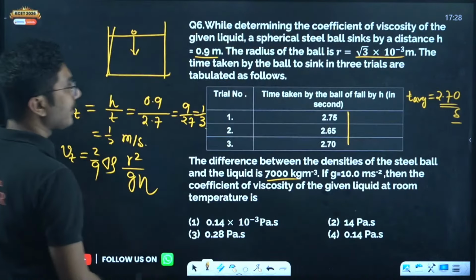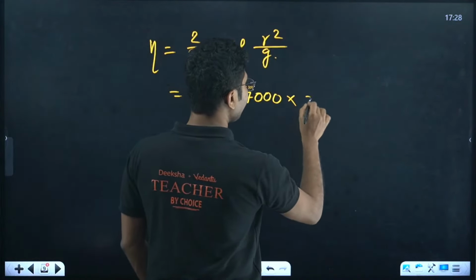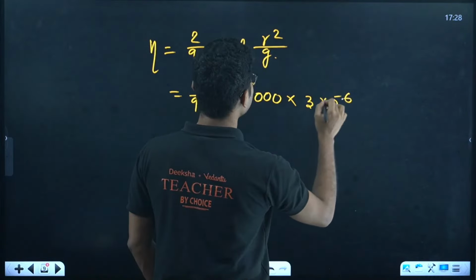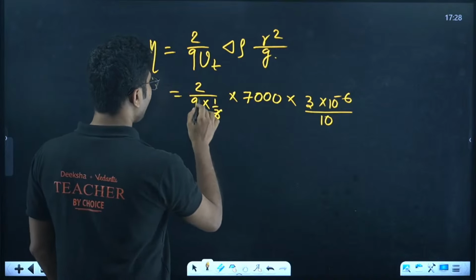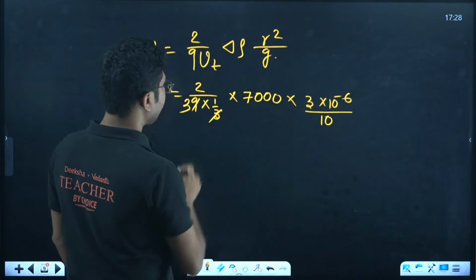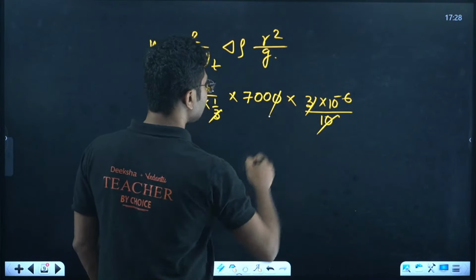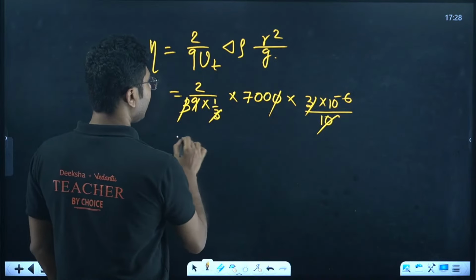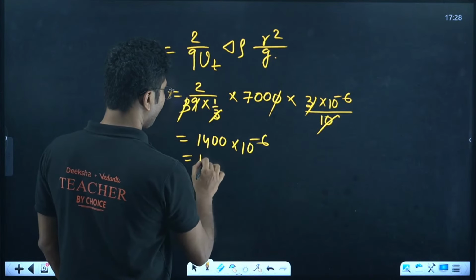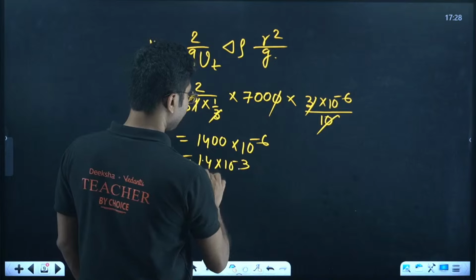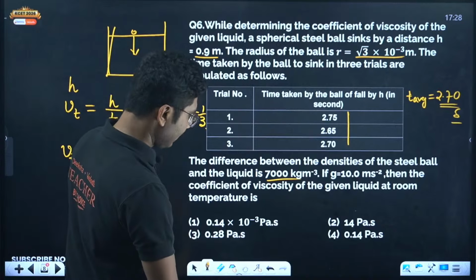What is R? The R value is given here as √3 into 10 to the power of minus 3. So R square will be 3 into 10 to the power of minus 6 divided by g, which is 10. Now you have to simplify. So this will be 1/3, and this 3 cancels, and one of the 0s will be cancelled, and you get 1400 into 10 to the power of minus 6. So it will be 1.4 into 10 to the power of minus 3. Okay, so it will be 1.4 into 10 to the power of minus 3.